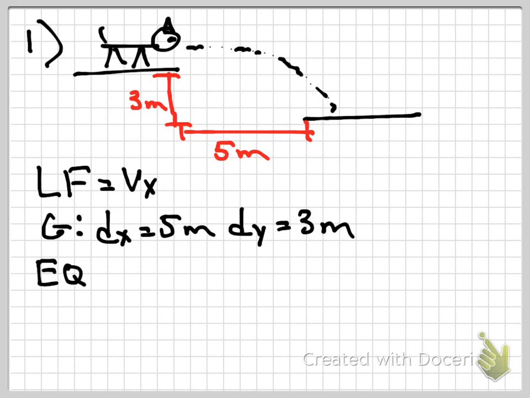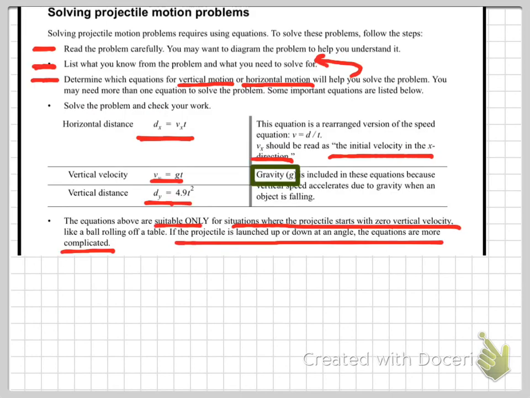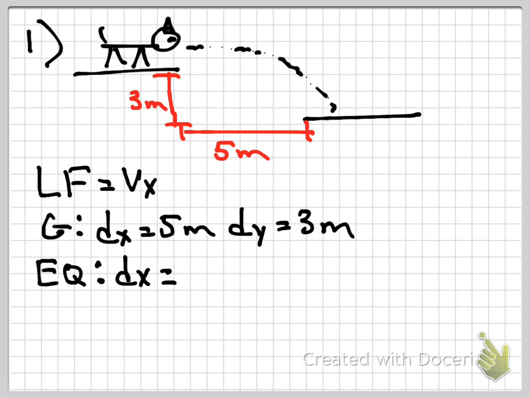Our equations, since we're dealing with both x and y: we're going to have dx equals what? If you look back here, dx equals horizontal velocity times time, Vx times time.